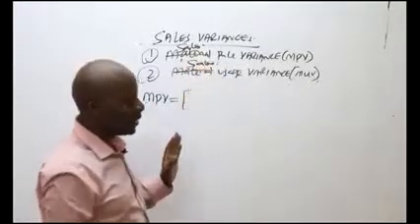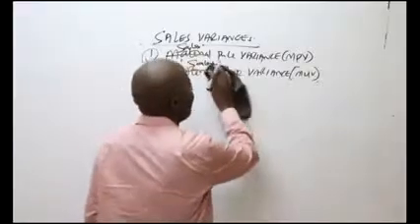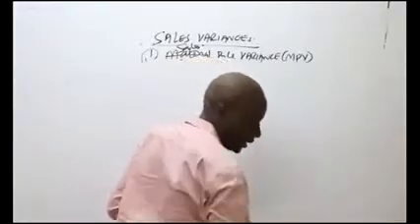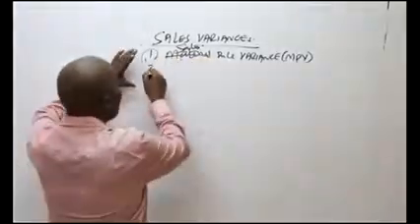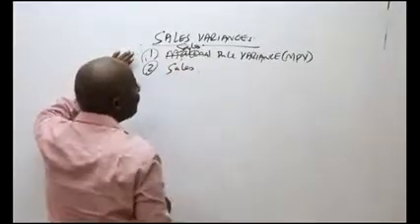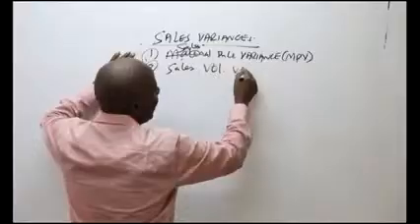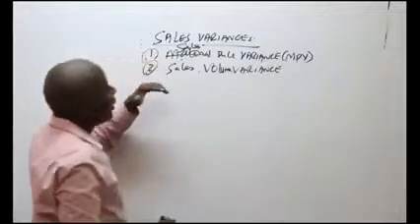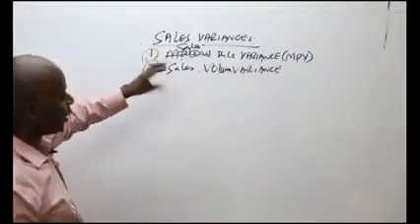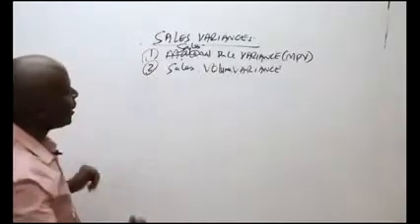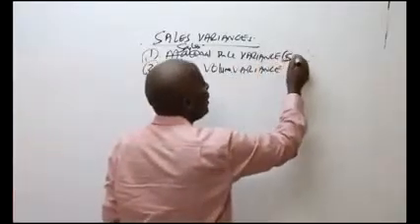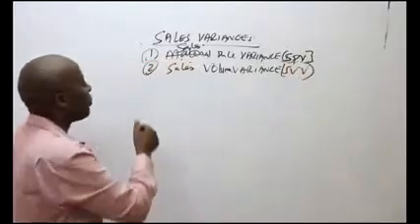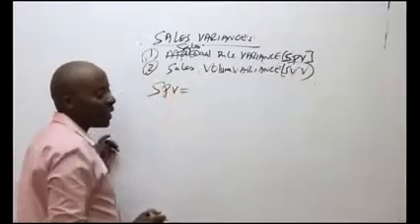So we have the sales price variance, and then number two, the sales volume variance. Sorry for that, I went back to the material price. So we have the sales volume variance and the sales price variance. This is supposed to be SPV, and this is SVV. To get the sales price variance, ladies and gentlemen, what do we have here?